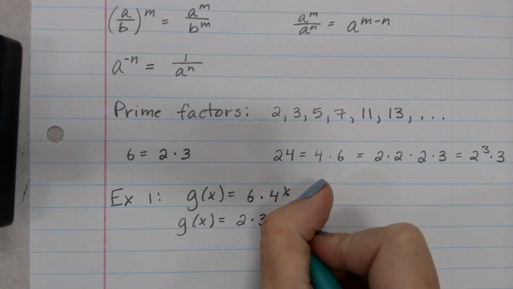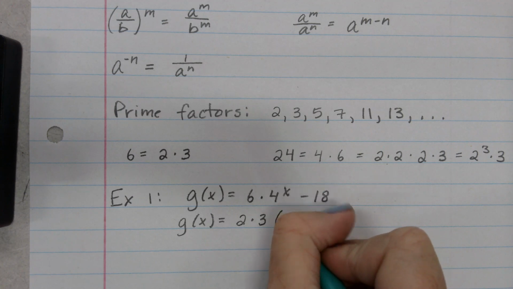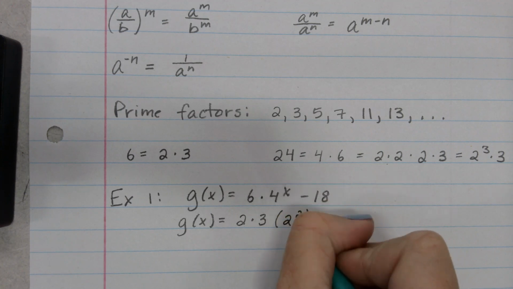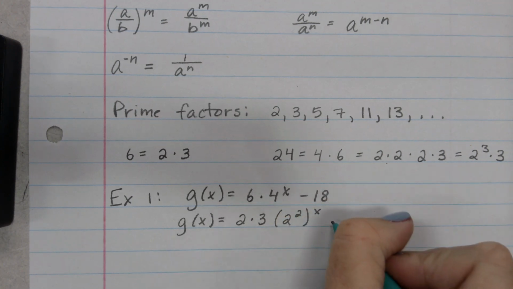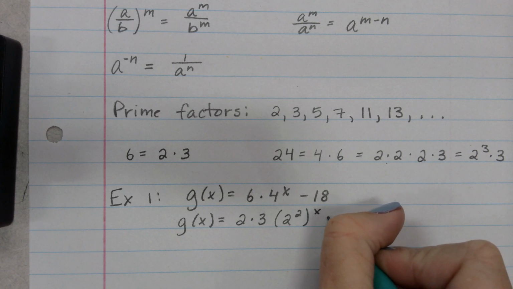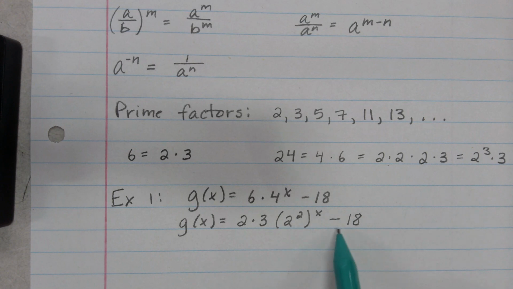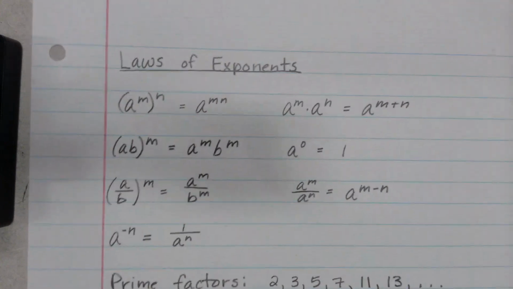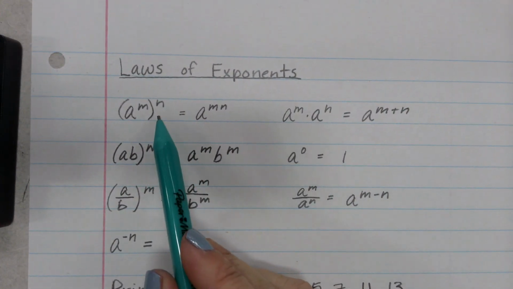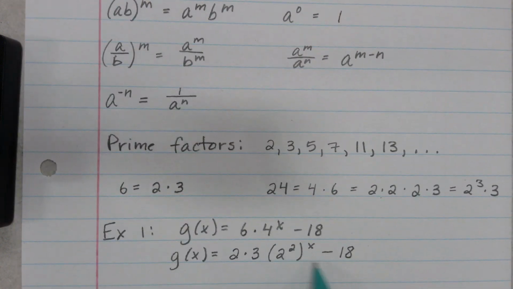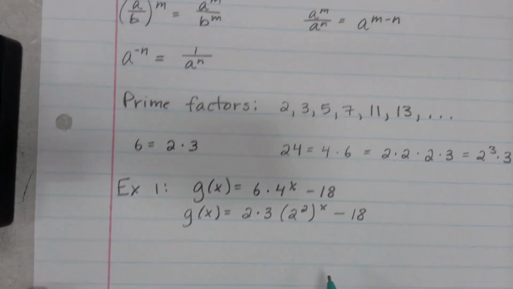Our 4 can be rewritten as 2 squared. And our 18, we could write this as prime factors, but if you are adding or subtracting a constant, you can just leave that as is, because looking above, we don't have any laws of exponents that can be simplified from having addition or subtraction of like bases.